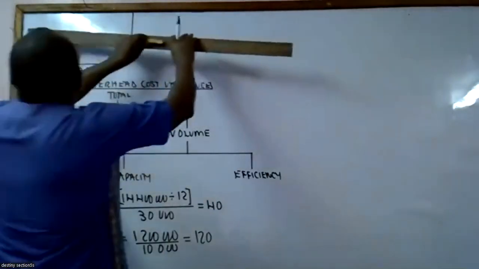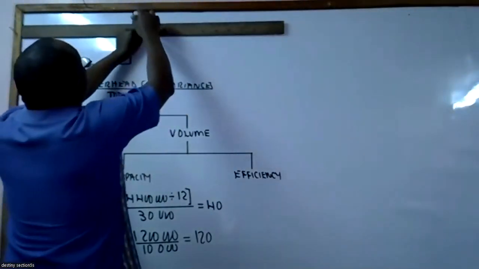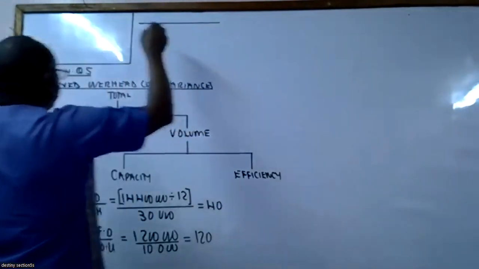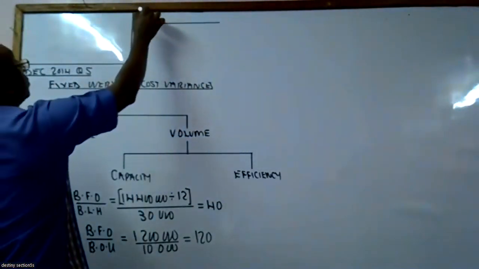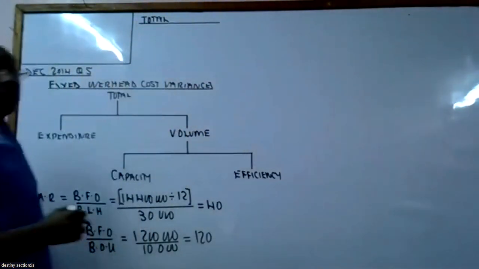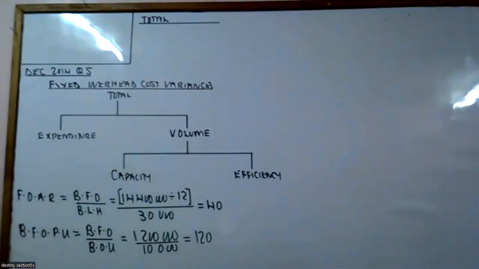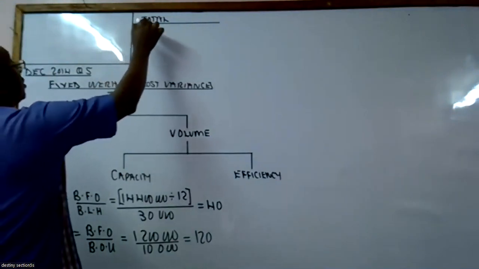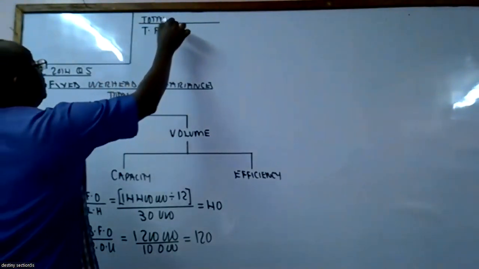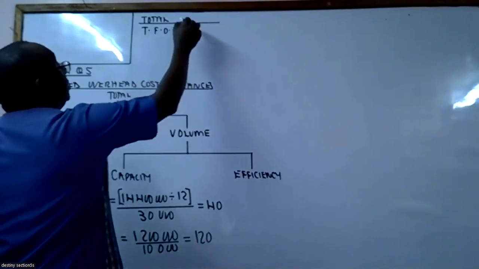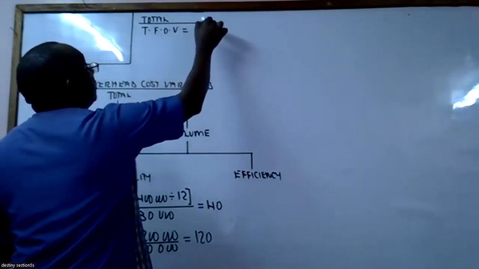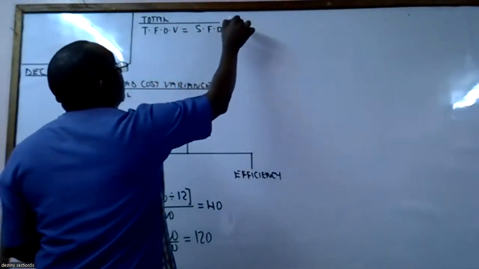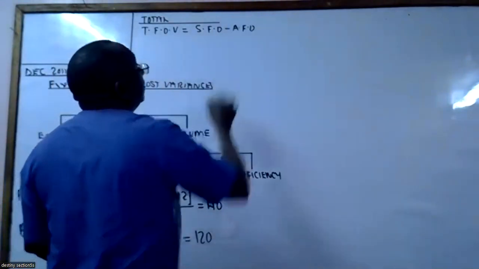So now from there, we get the total. So total fixed overheads variance is given as standard fixed overheads minus actual fixed overheads.